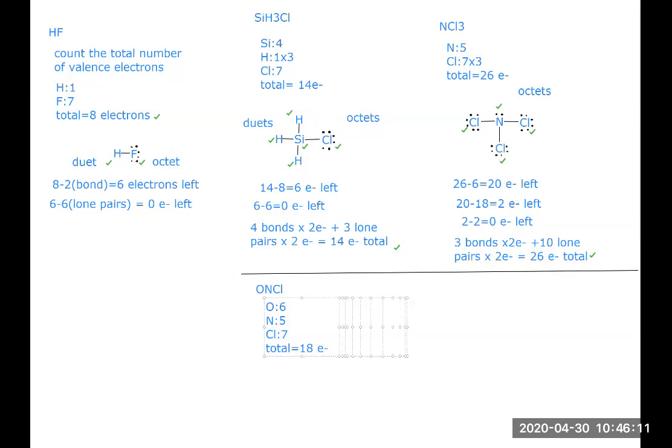Let me make this smaller. And I will do the structure here. So which one will be the central atom? This molecule is kind of weird, but the order shown in the formula is the order you want to have for the molecule. So you will want to put the nitrogen in the center.